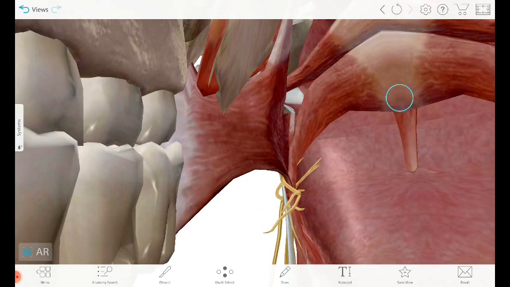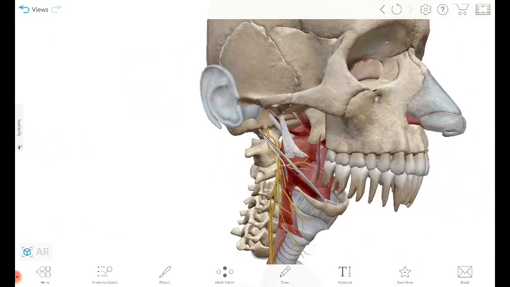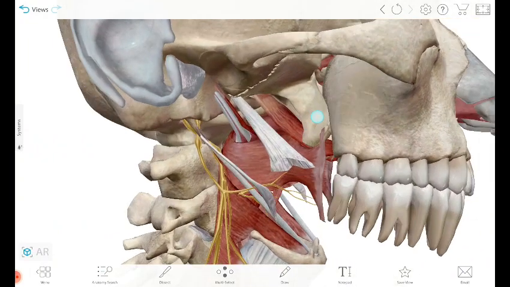So that will be called the salpingopharyngeus muscle, which is not clearly visible here. So this is the auditory tube or the eustachian tube, and a muscle will be going from here to here, interior to the superior constrictor, so that will be known as salpingopharyngeus muscle.